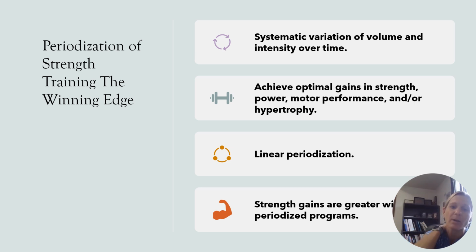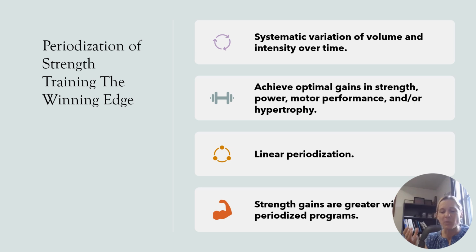So when we think about periodization here, we should have systematic variation of volume and intensity over time. This is something that we'll talk more about in that program design class, but essentially we don't want our athletes to become accustomed to what we are asking them, right? We want to use linear periodization, which means that we're progressing in a logical, ordered way.